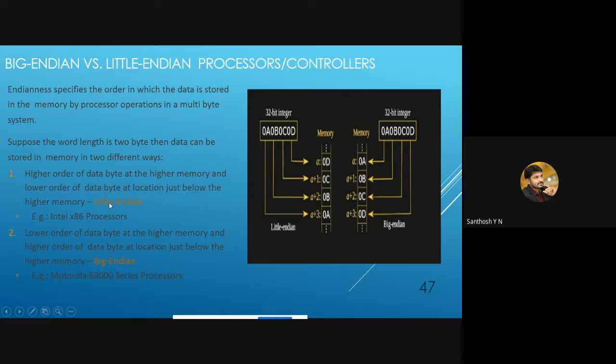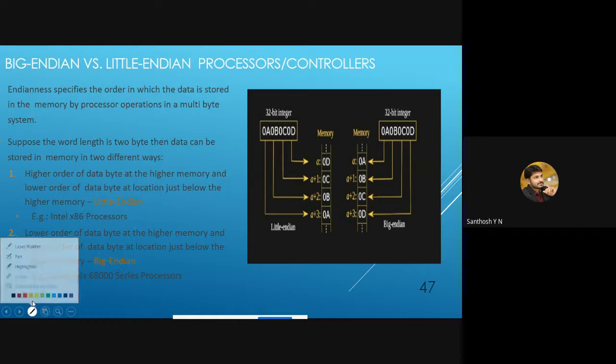The little endian concept is followed by all the Intel 86 processors. The other way, lower order of the data byte at the higher memory and higher order of the data byte at the location just below, is called big endian, and this concept is followed by all the Motorola series processors.